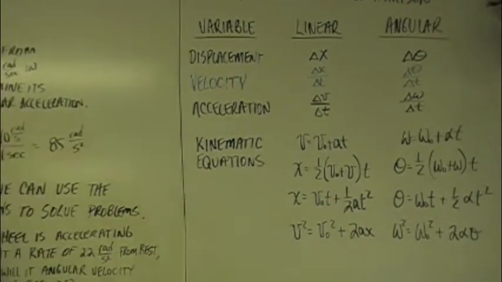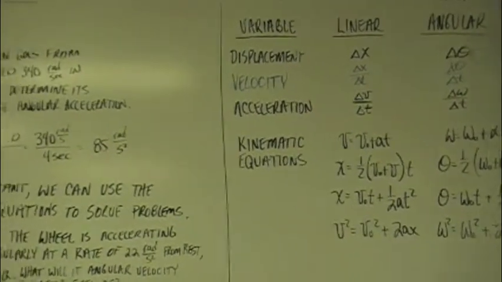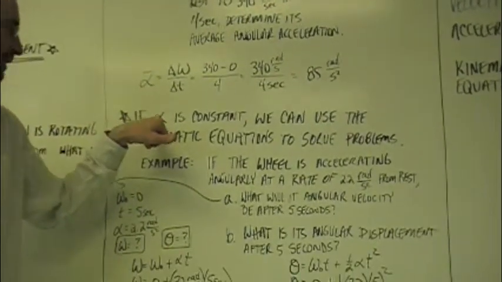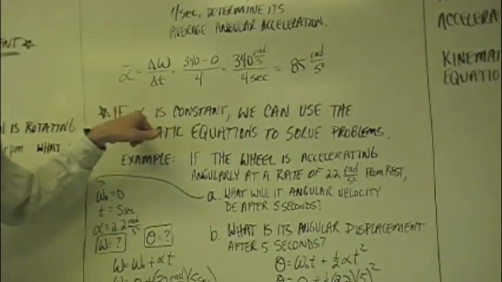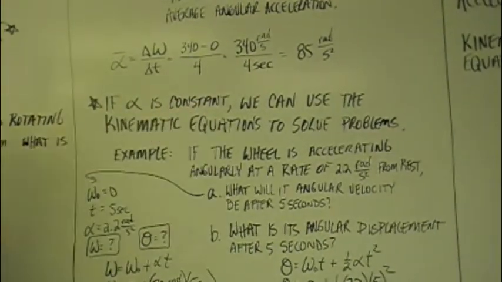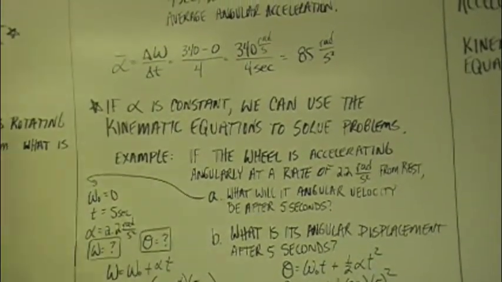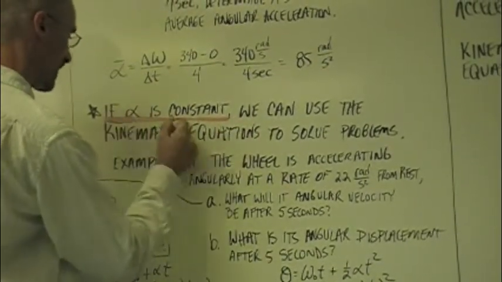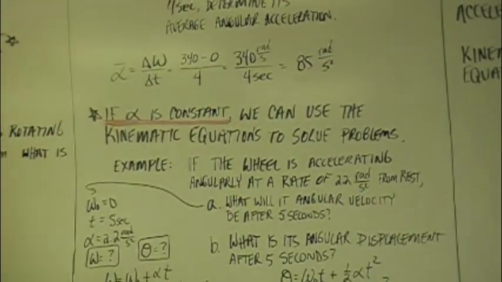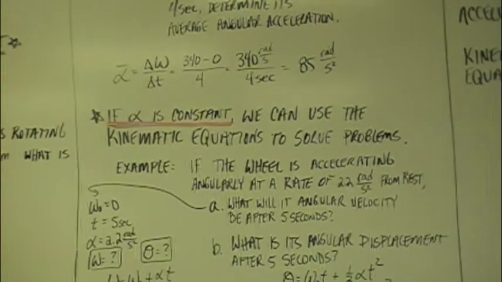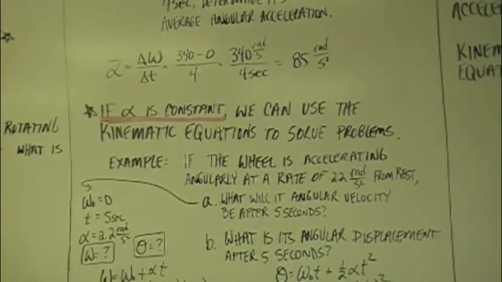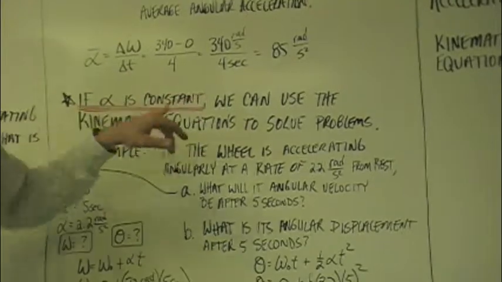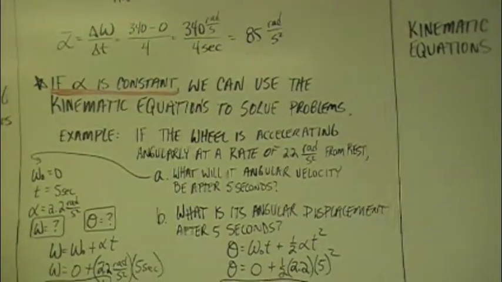So let's do a quick example problem. I said if angular acceleration is constant. Now that is huge, and I'm going to underline it in pink like 3 times, because when is the only time we can use kinematic equations? When we are accelerating at a constant rate. Okay? It says we could use kinematic equations to solve the problems.